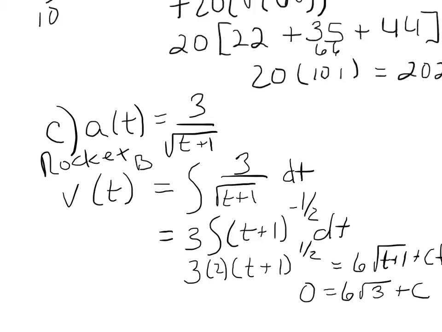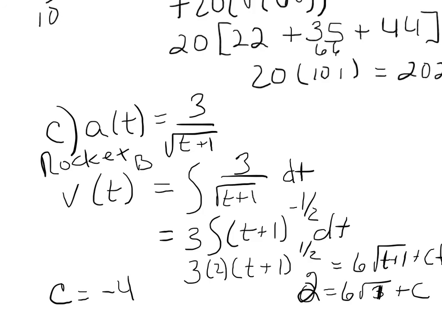The initial height is 0, and the initial velocity is 2 feet per second. Okay, this is 2 when time is 0. So C is, what's C? C equals -4. All right.